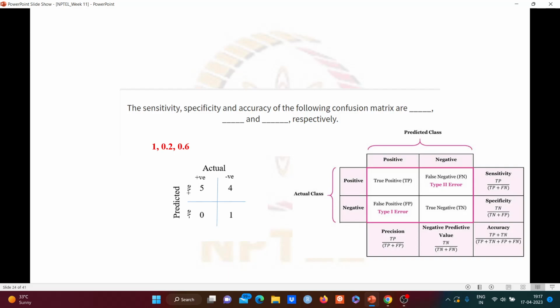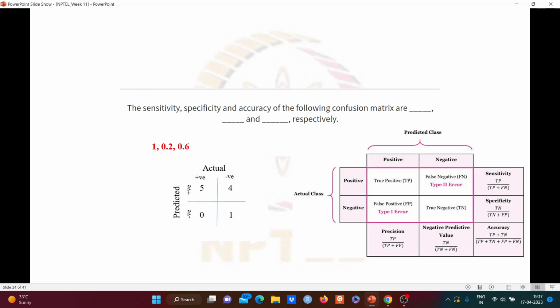So sensitivity is calculated as the number of true positives divided by true positives plus false negatives. Here true positives are 5, that is, actually positive and predicted as positive. 5 divided by 5 plus false negatives.